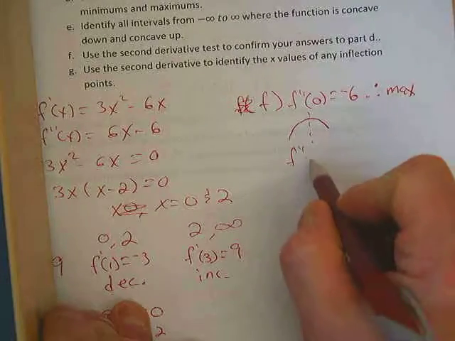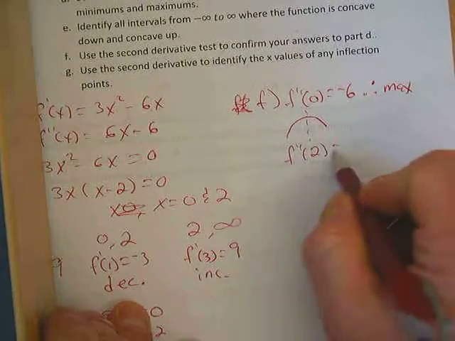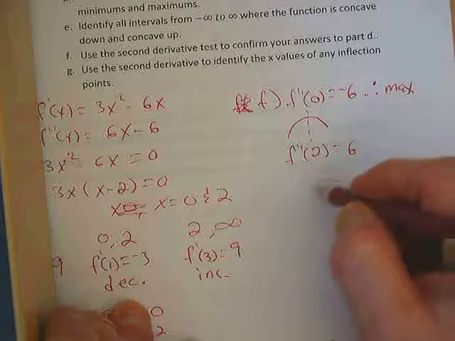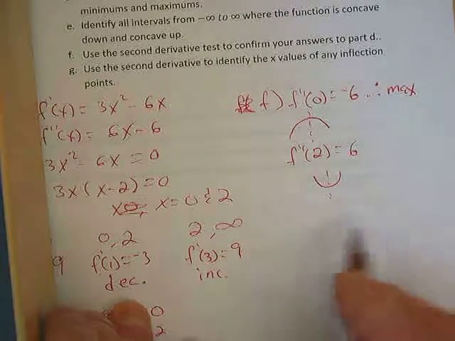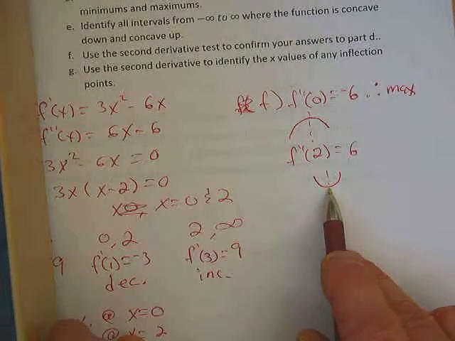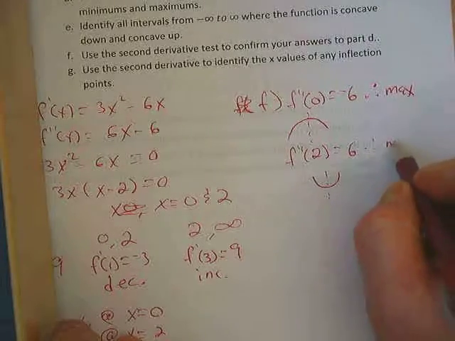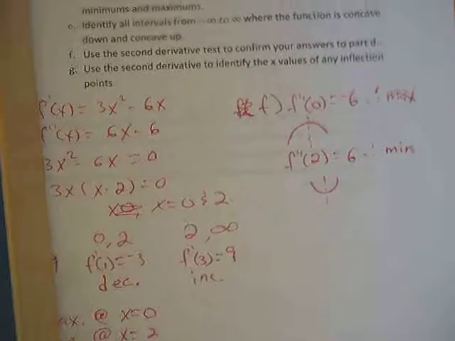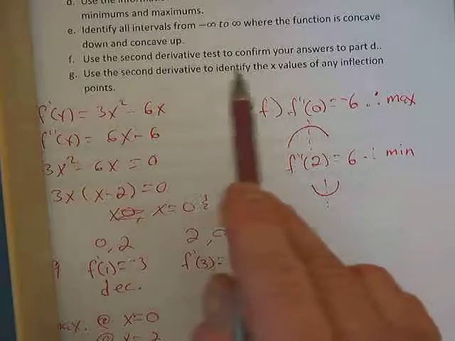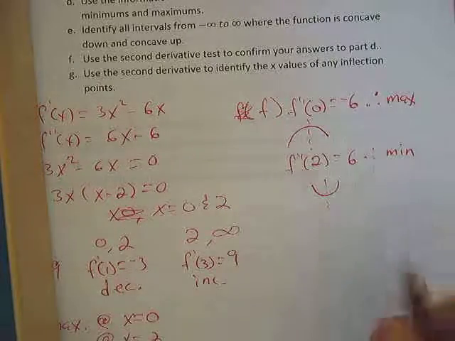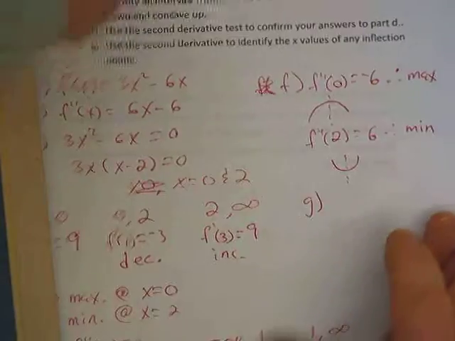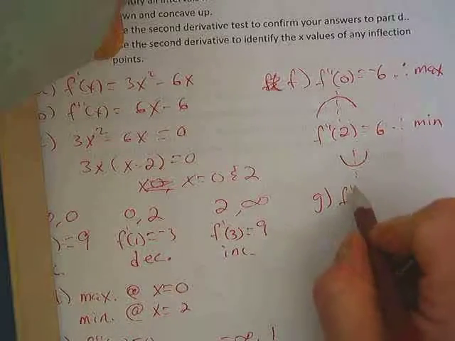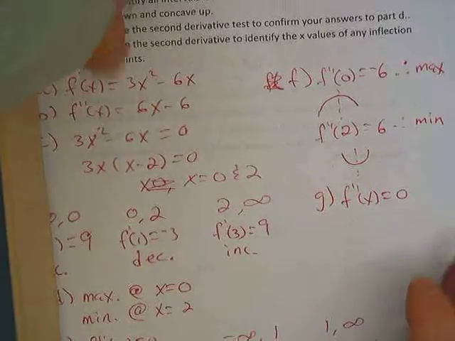My instructions just said x values so that we didn't go through that extra step of finding the actual point. That's why I said just find x values. And then if f double prime of 2 is positive 6, that's going to be concave up, which makes this a min. Therefore, min.